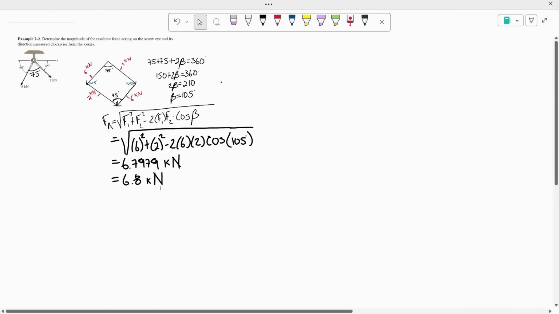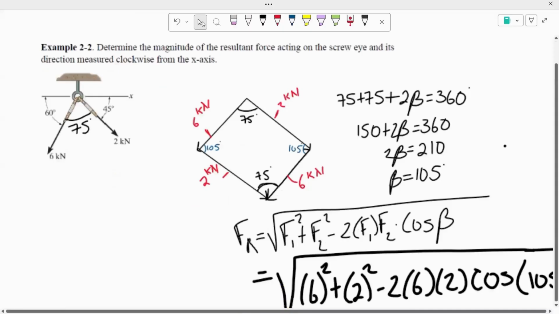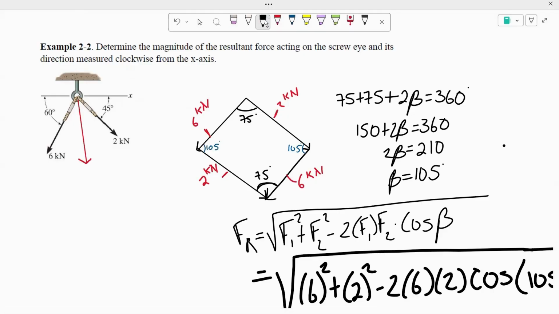So right here, what we just did is we found the magnitude of the resultant force. This right here, the number we just found, is the magnitude of the resultant force. So this right here is our resultant force, and this resultant force has a magnitude of 6.8 kilonewtons.